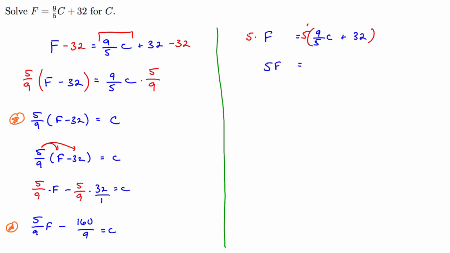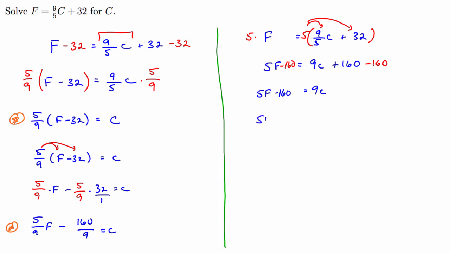Distributing the 5 to the 9/5 C and the 32, 5 times 9/5 C is 9C, and 5 times 32 is 160. So now we have 5F equals 9C plus 160. To finish solving this for C, I'll subtract 160 from both sides. That will leave me with 5F minus 160 equals 9C.